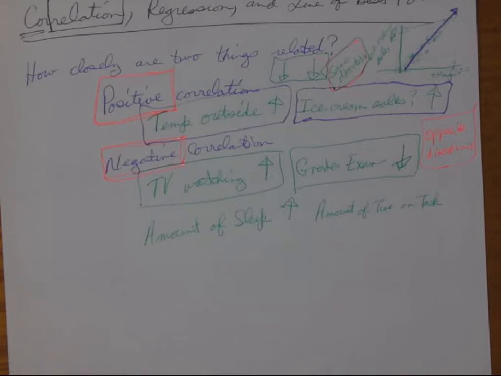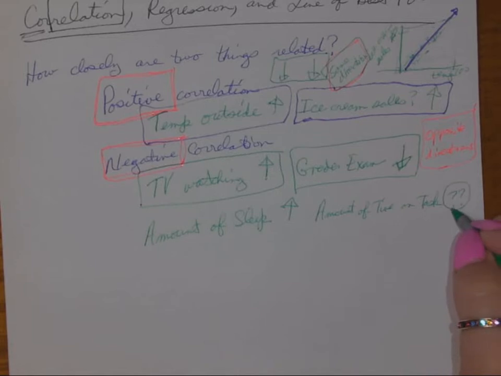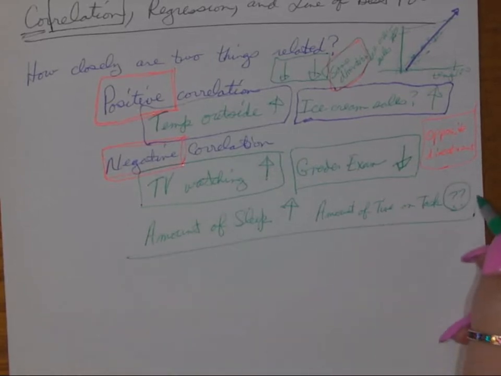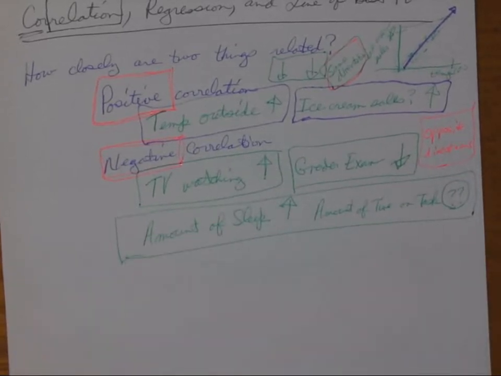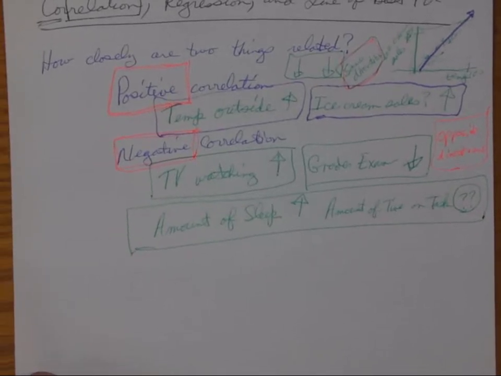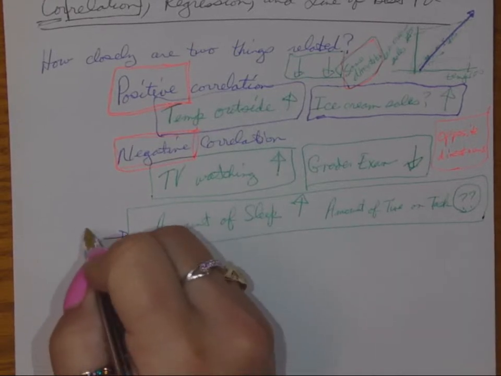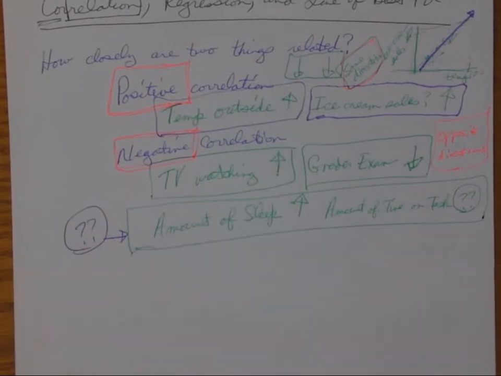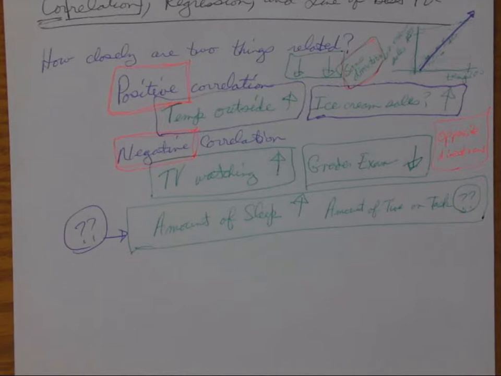What do we think about that one? Well, that might be iffy, right? We don't know. Some people, if they get more sleep, might be able to spend more time on task. But some people, if they get more sleep, that might take time away from when they have to do any of their studies. So we don't know. That's a question mark. There could be no correlation. It could be a positive. It could be a negative. We don't know.